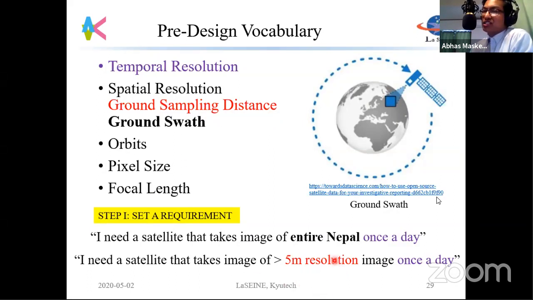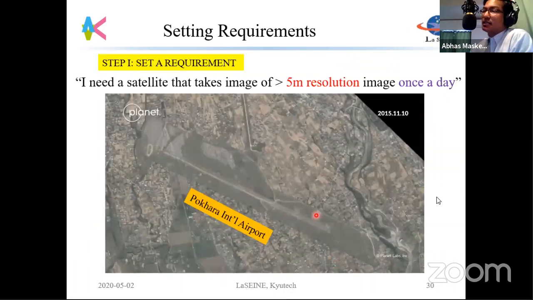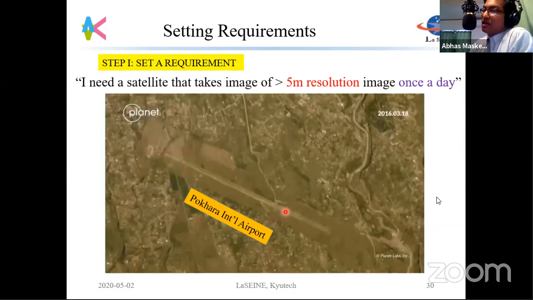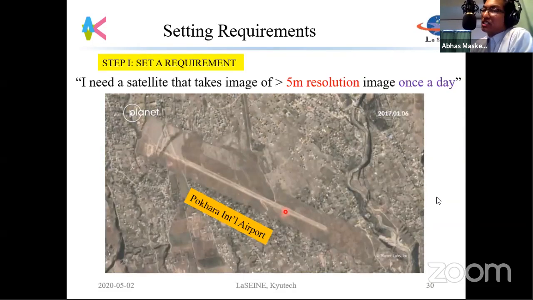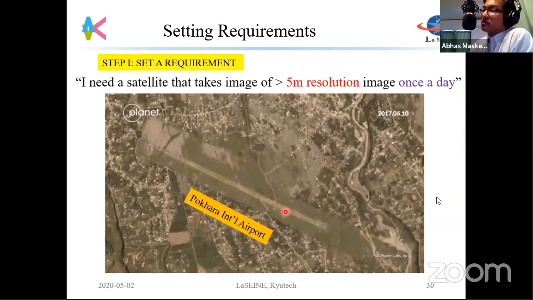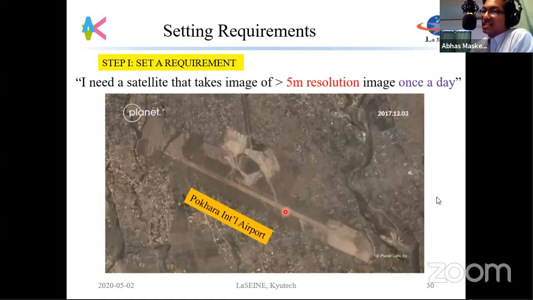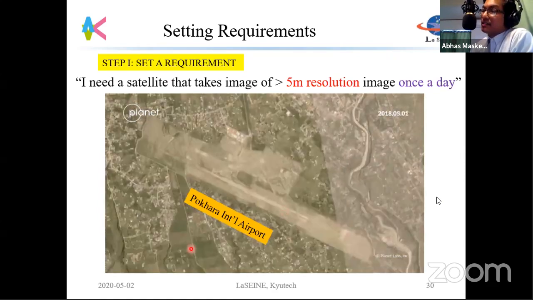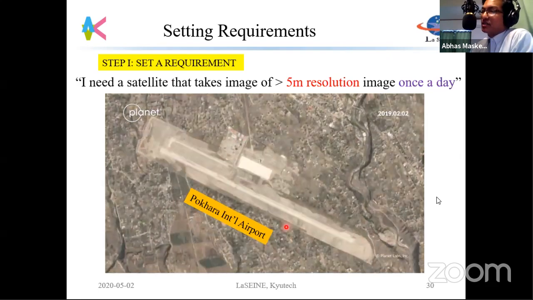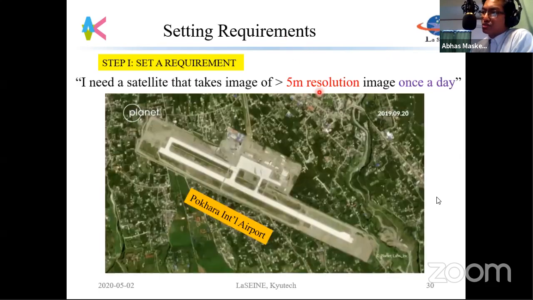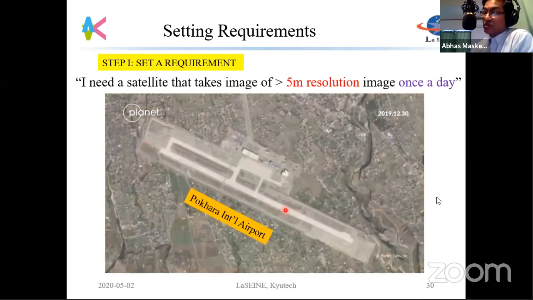So just to give you a sense of what 5-meter resolution looks like, let's have a look at Pokhara International Airport. Now, this is being built currently. And let's say this is especially useful if the government is saying 80% is done, we can use satellites to verify that and see if that's really 80% or not. So 5-meter resolution data gives you this kind of information, which is very useful.